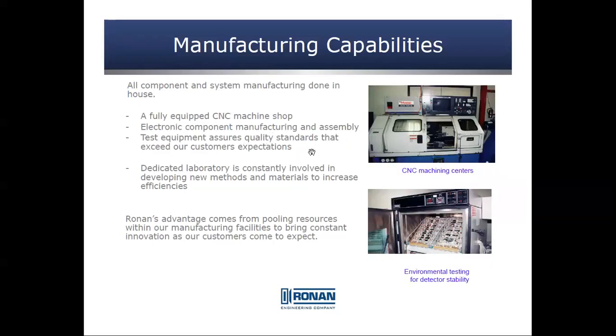Test equipment to ensure that we've got quality standards, and we have a dedicated laboratory for developing new things and increasing efficiency. So our advantage comes from pooling our resources within the facility to bring constant innovation to our customers.